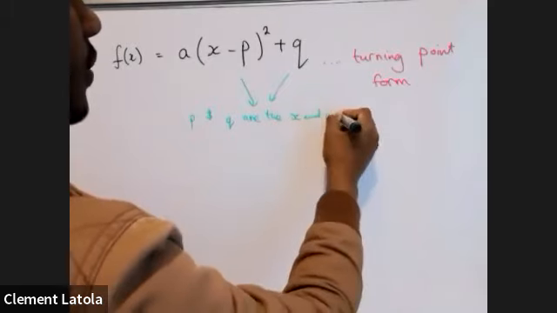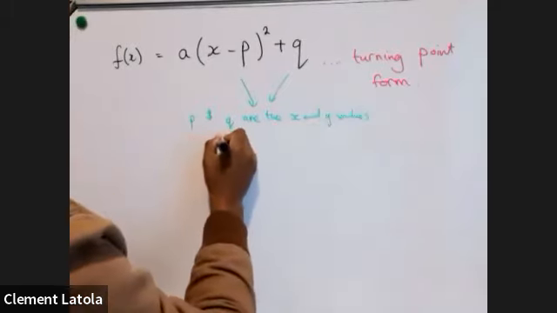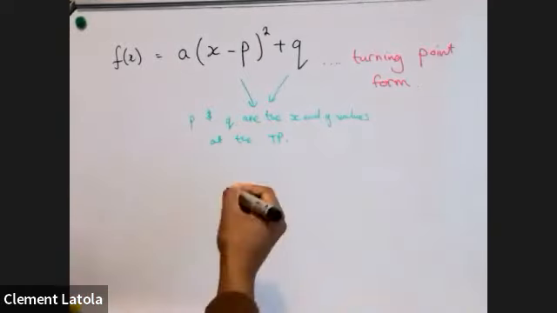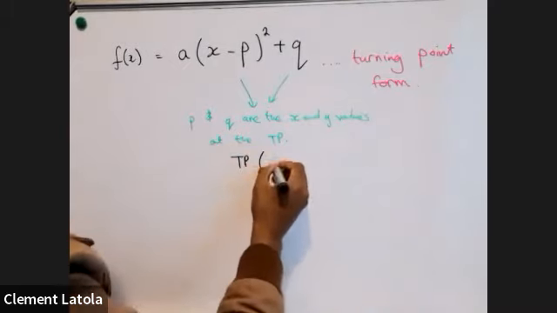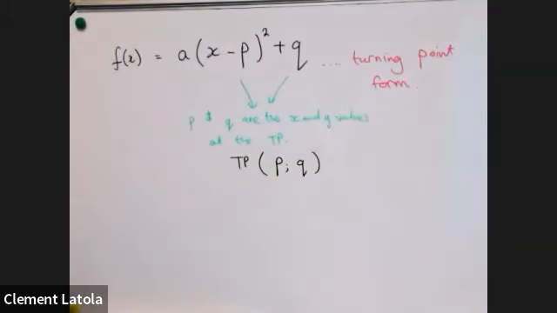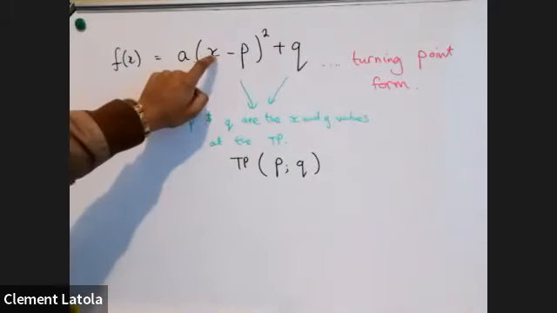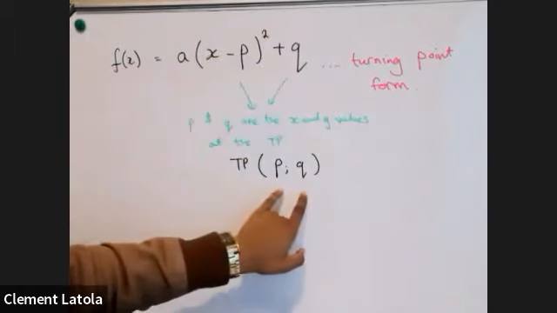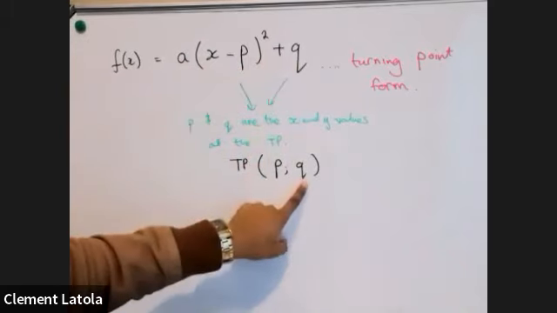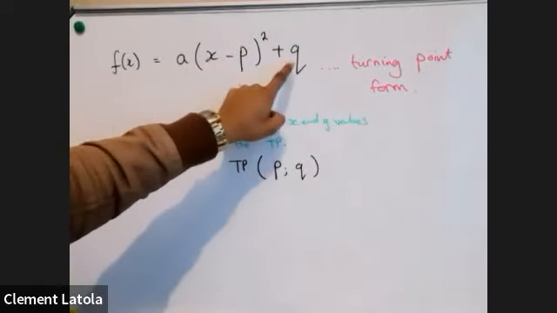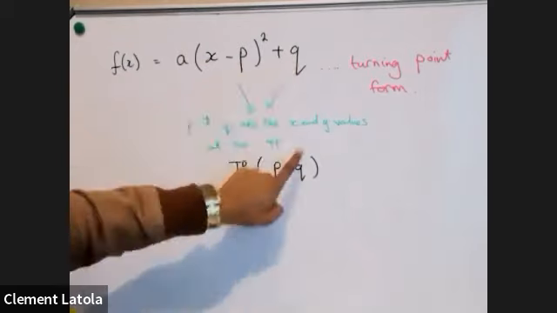For example, if there's a turning point, then the X coordinate will be P and the Y coordinate will be Q, for whichever values P and Q are. Let's say in this equation, if I have (x - 1)² + 4, then my turning point will be (1, 4). Make sense? My X coordinate will be 1, my Y coordinate will be 4.